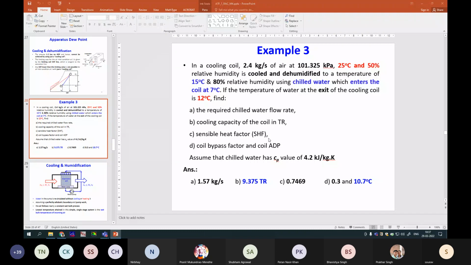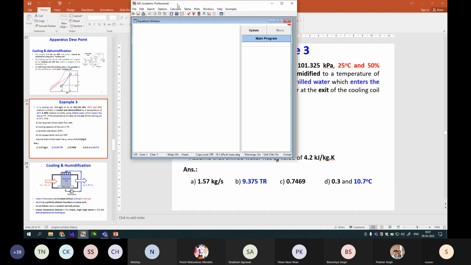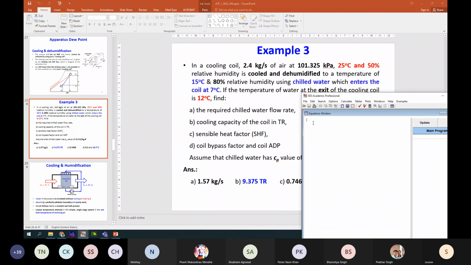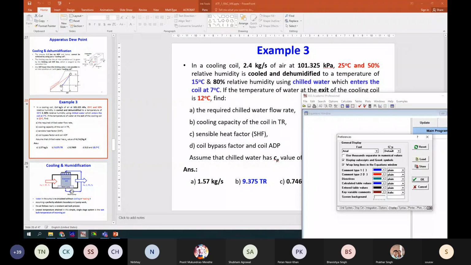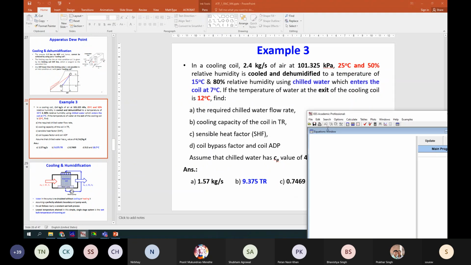Quickly see how to write the properties in EES. If you want to call enthalpy, first of all, let's get H2O.